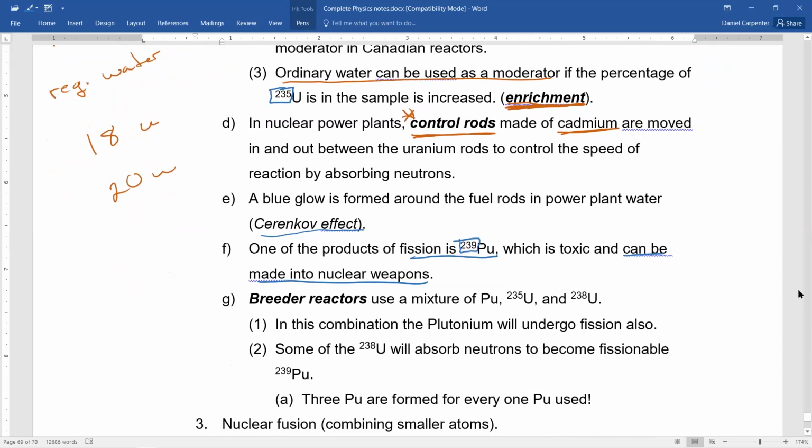But when we get to nuclear reactions, things start to change because we can make this plutonium-239. If you mix things right, if you add the plutonium and some uranium-235 and some uranium-238, then the plutonium will undergo fission also and can start to act as a fuel instead of a product.